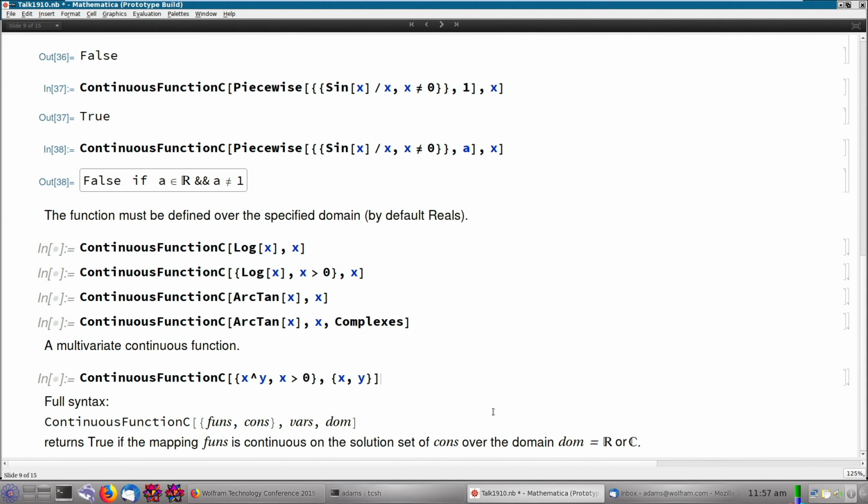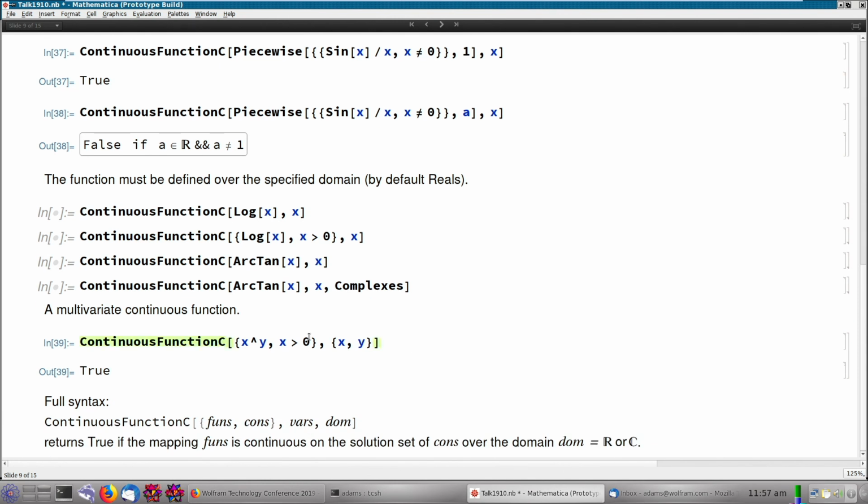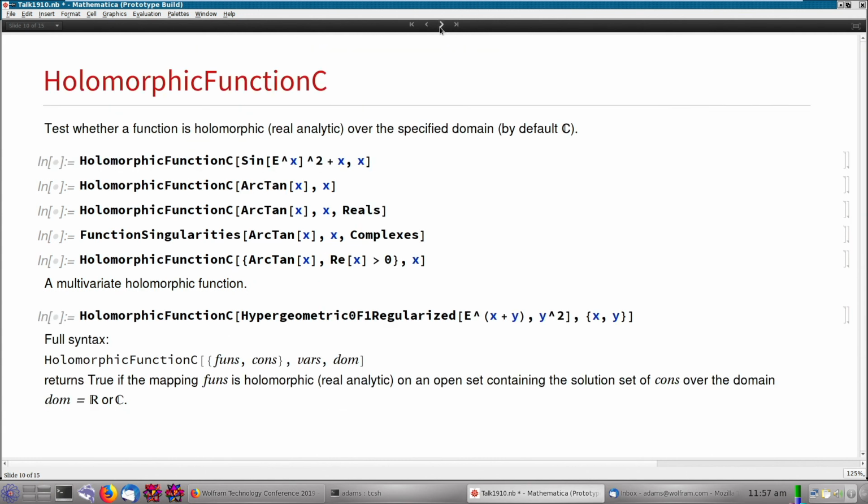And here is a multivariate continuous function with a condition restricting the domain in which it is supposed to be continuous. So the syntax is functions, constraints, variables, and domain, which is reals or complexes. And we have similar functions, which I will just mention, holomorphic function C, which tests whether the function is holomorphic, or real analytic.